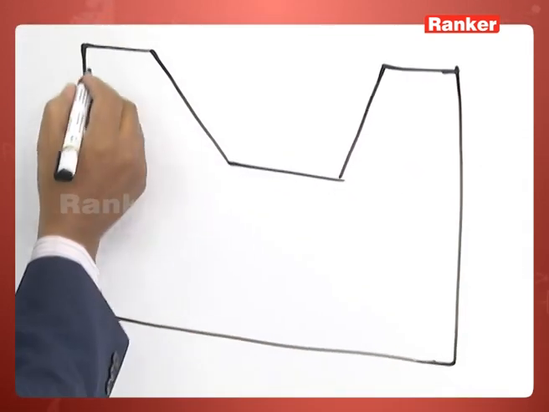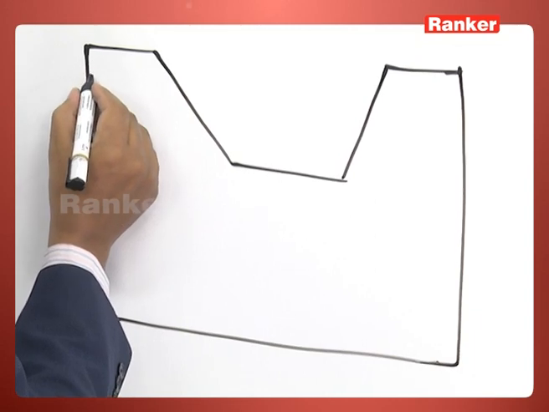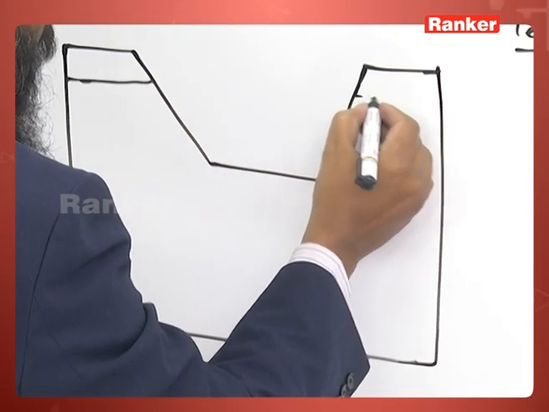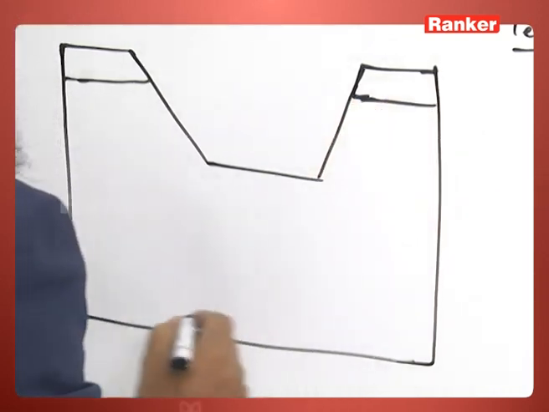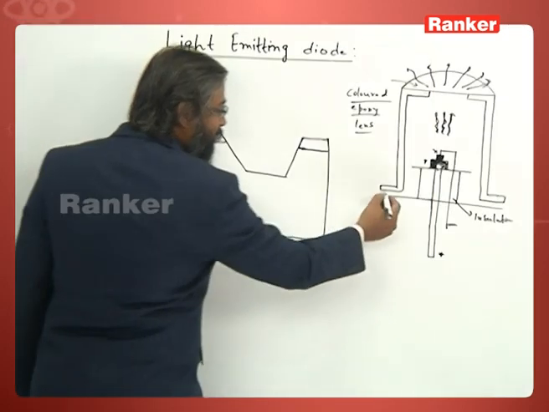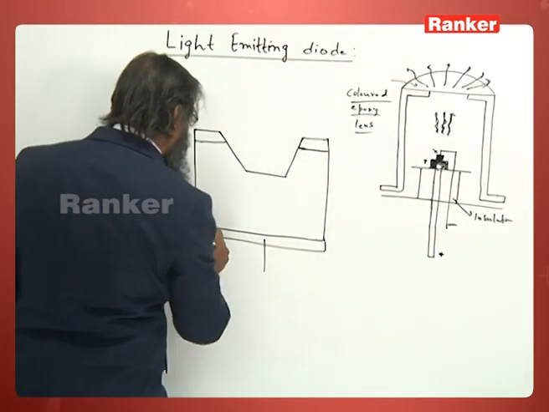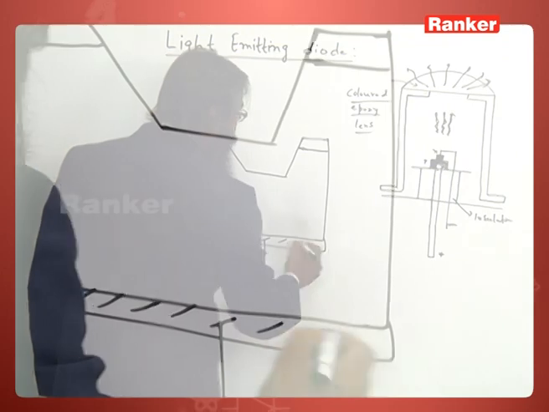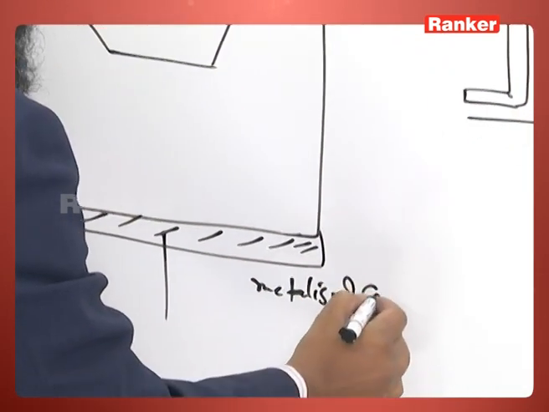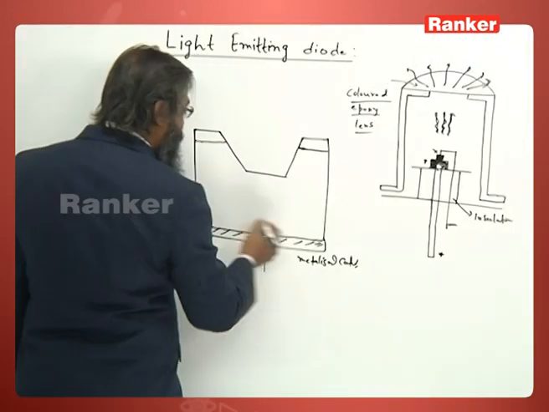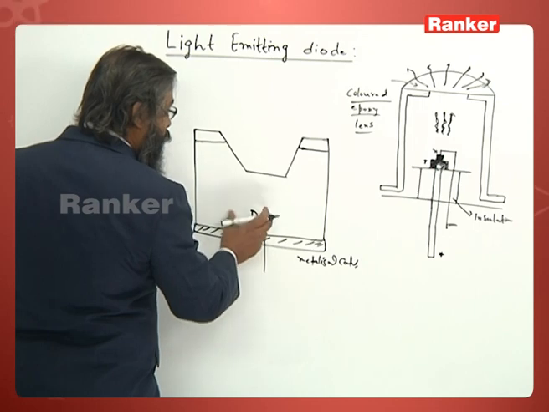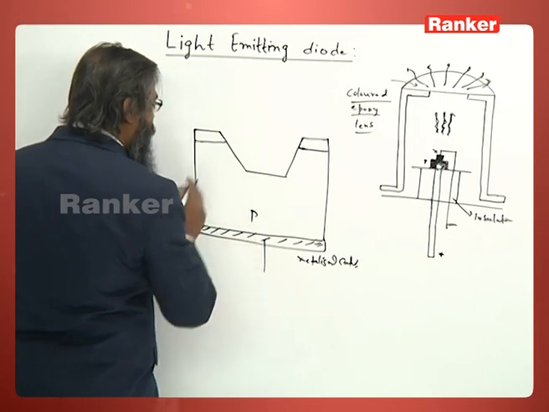Now you see this is N type, and this is the metallized contact, shade it. This is connected to the P type, so there is a metal contact.